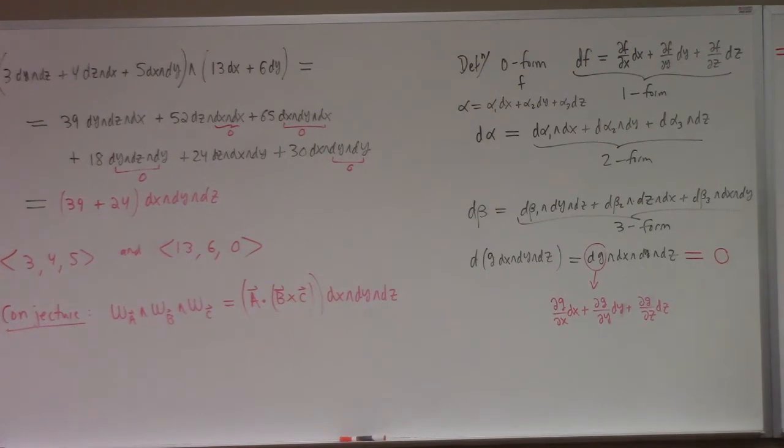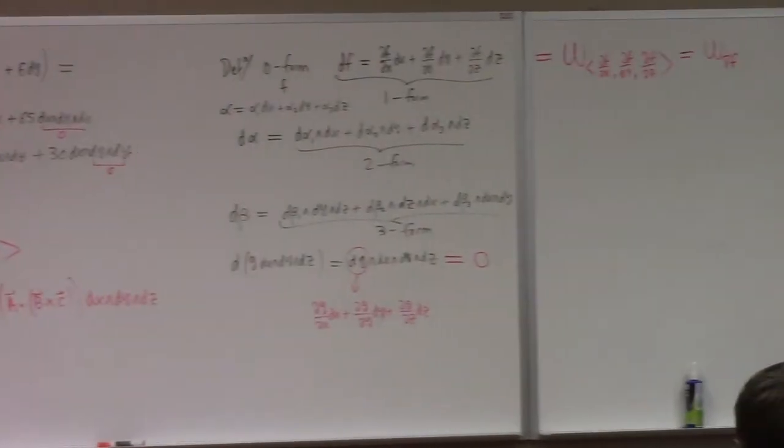In other words, the exterior derivative of a 0 form gives me a 1 form, which is nothing more than the work form of the gradient vector field. See, this is what we usually call nabla f. It's pretty cool.